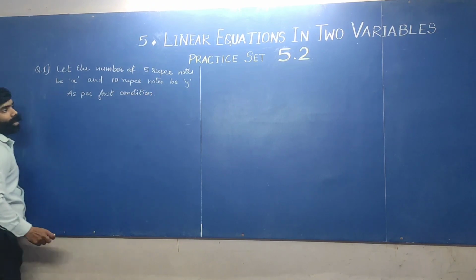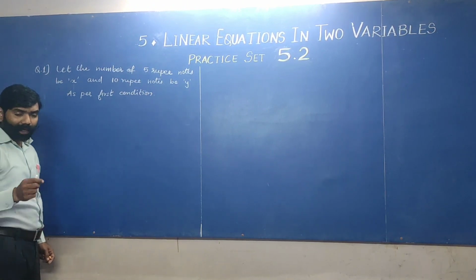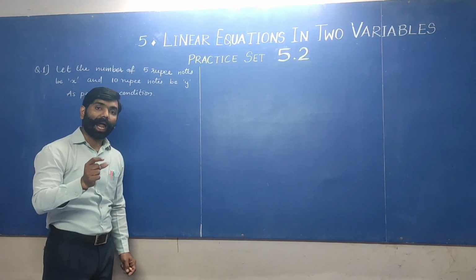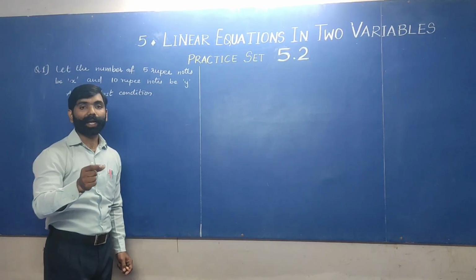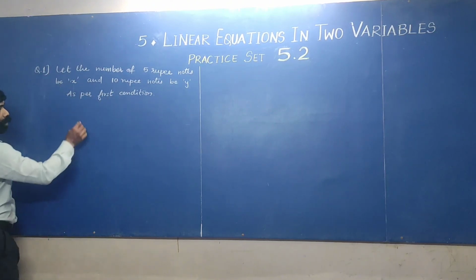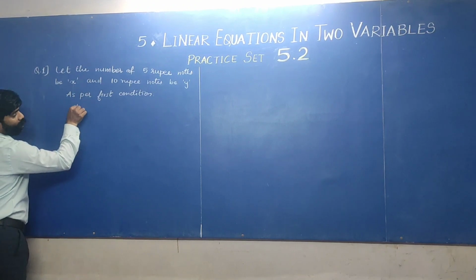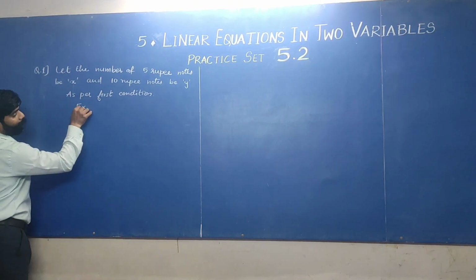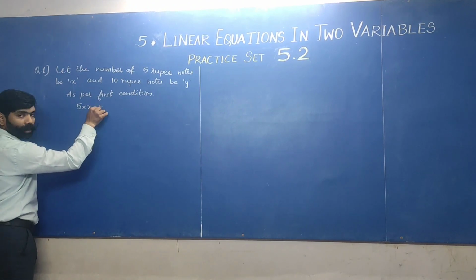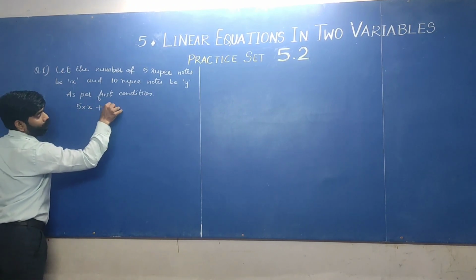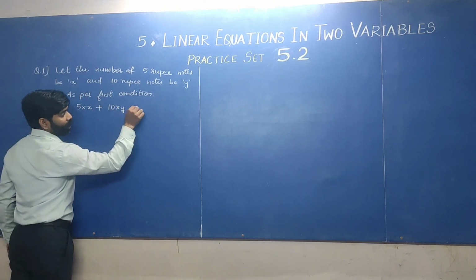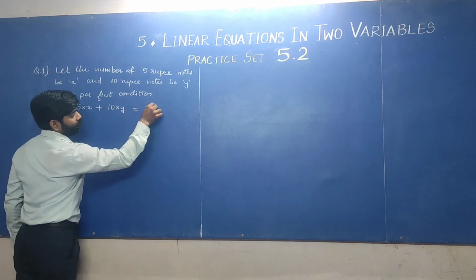okay students, let's see what the condition is saying. The condition is saying that when we add the amounts from the 5 rupee notes and the 10 rupee notes, we get a sum of 350 rupees. So 5 multiplied by X, the number of 5 rupee notes, plus 10 multiplied by Y, the number of 10 rupee notes, is equal to 350.